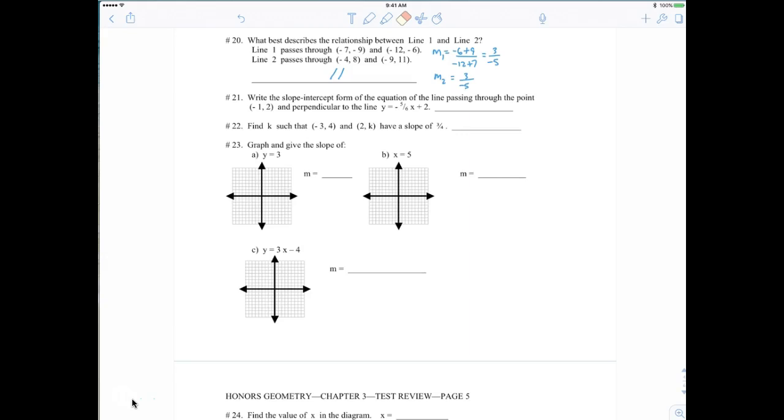Okay, but listen. Honestly, I need to make this test up, and I still haven't yet. I think there's probably going to be 4 or 5 proofs on there, and then probably 10 questions, like this. And again, the focus is going to be on making sure you understand how to write equations of lines, parallels, those types of things.